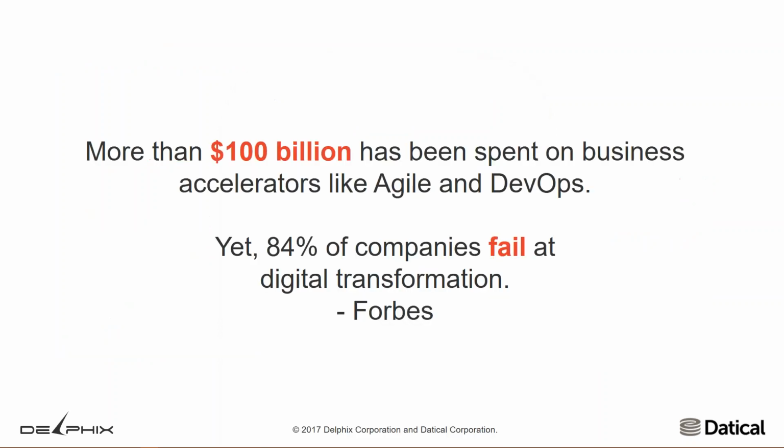And on the next slide, we can see that we've spent a lot of money as industries trying to embrace Agile and DevOps together. Yet Forbes did a report and shows 84% of those projects fail at digital transformation.